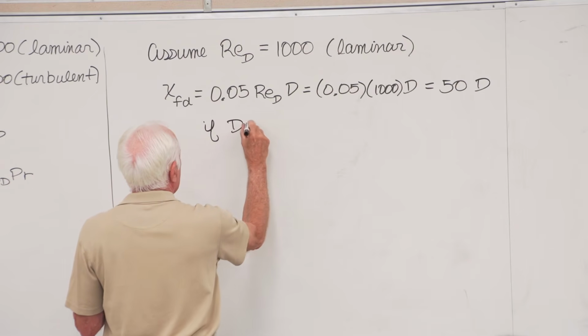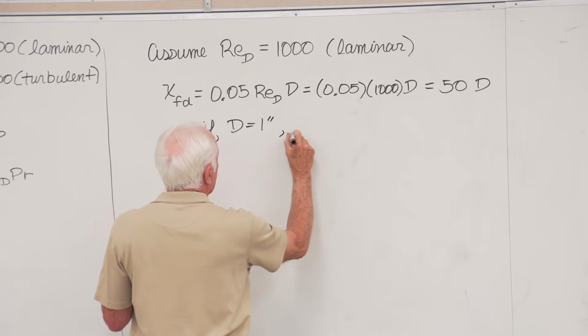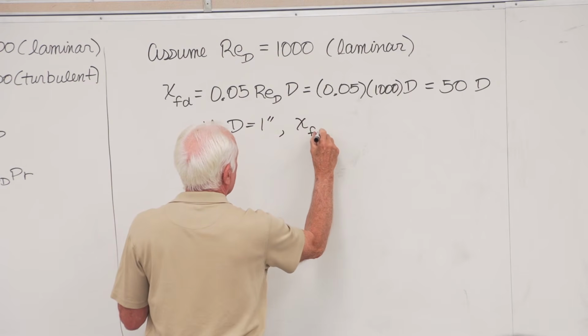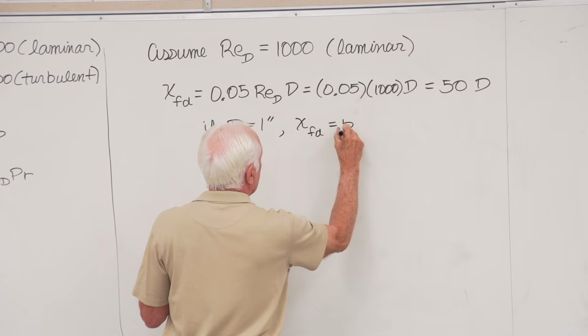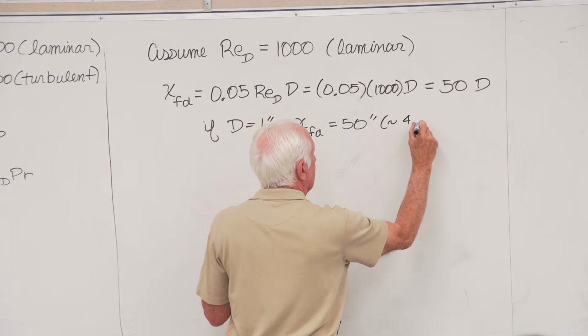If diameter is 1 inch, X fully developed is equal to 50 inches, about 4 feet.